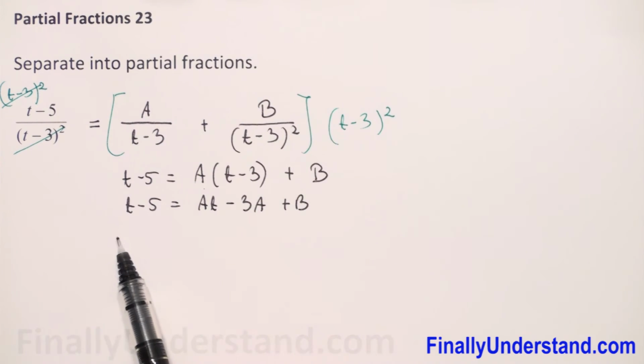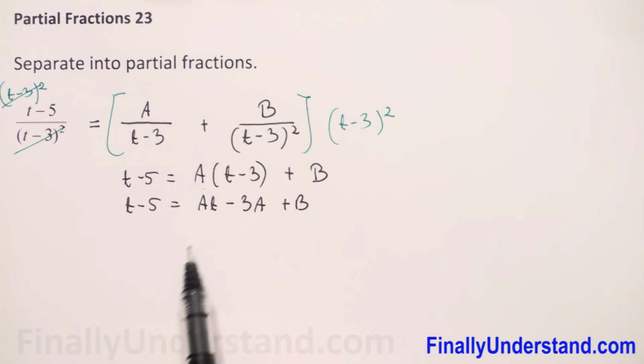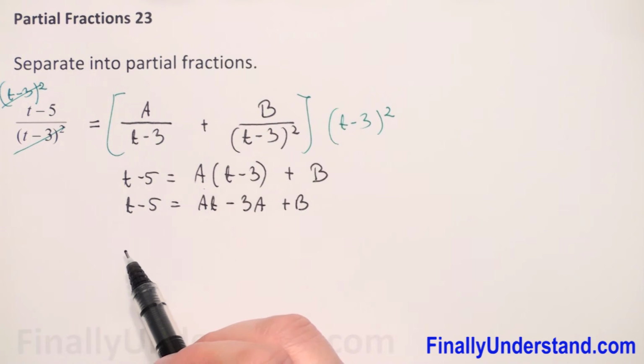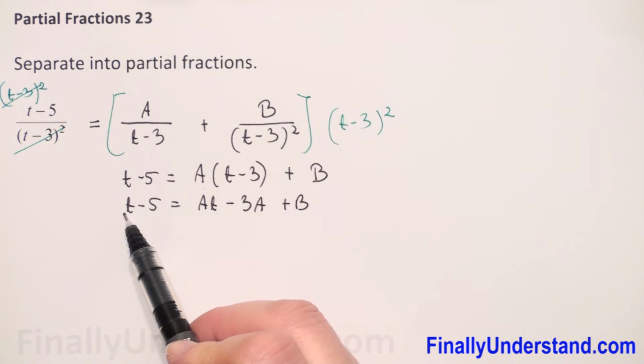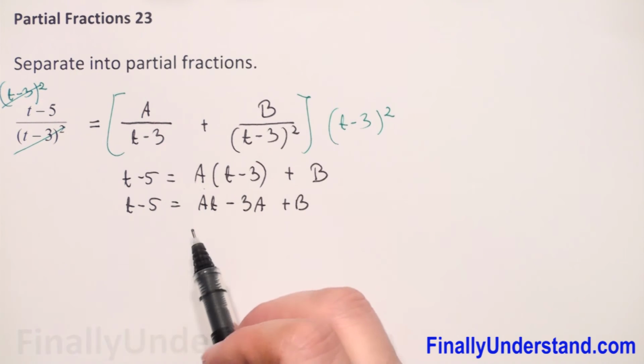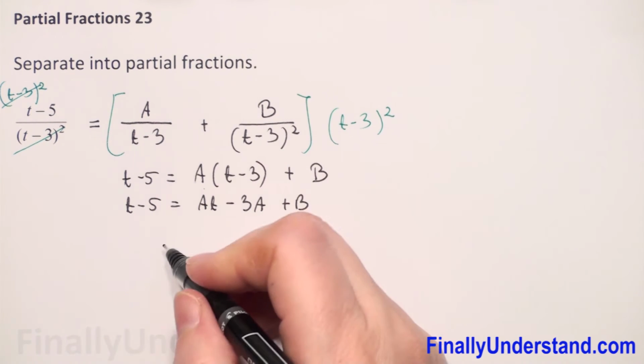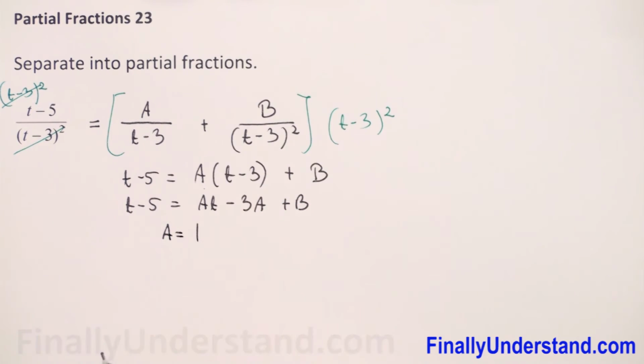Now, because the left side must be equal to the right side, we have to check the coefficients. Before t, when we don't have a number, it means this is an invisible 1. So before t we have 1, and on the right side we have A. So A must be equal to 1.